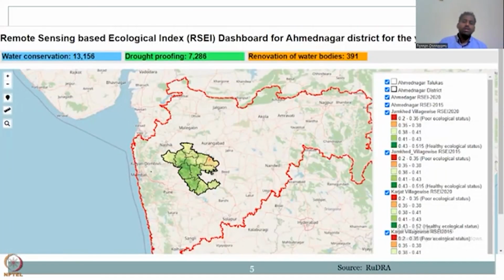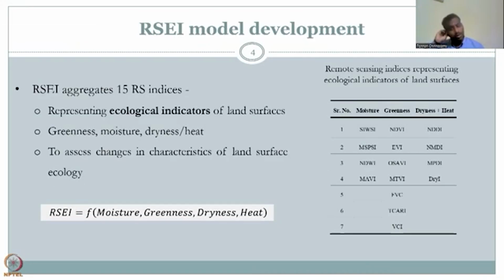But the issue here is what we did extra modeling effort is all indicators may not have equal weightages. So if you see this equation here, you have a function, and the function says it's a function of moisture, greenness, dryness and heat.